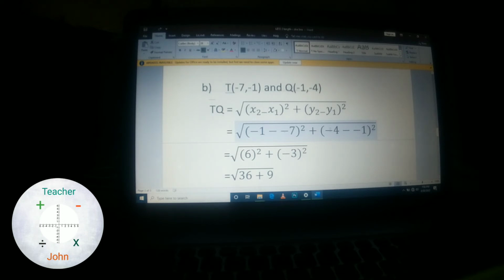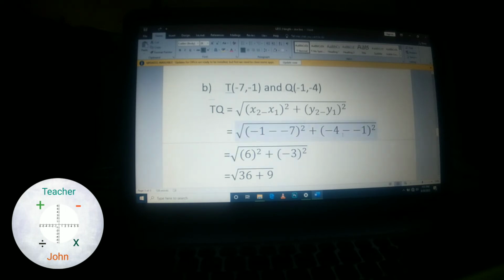For y2 we have -4, and for y1 we have -1. So -1 minus -7 will be the same as -1 plus 7, which is the same as 7 minus 1, which is 6.